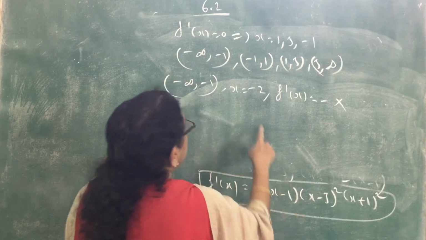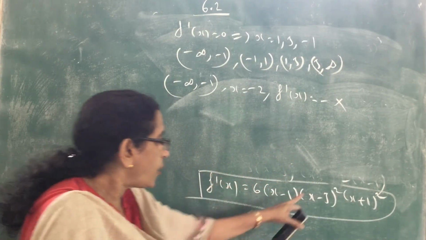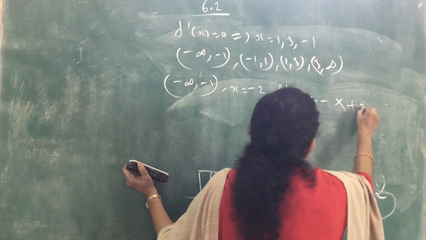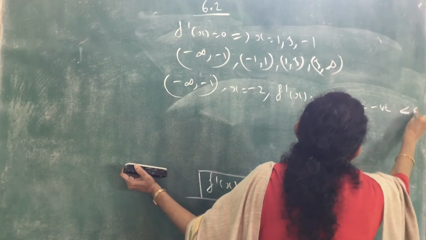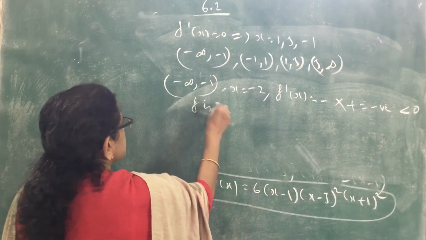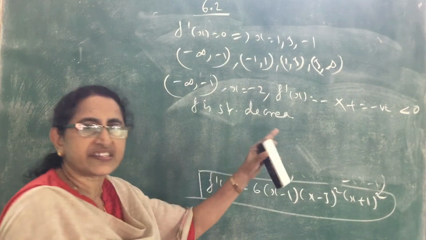Negative into, here both these terms will be squares, so that will be positive anyway. So only negative into positive, that is negative. Negative means f'(x) is less than 0. So f is strictly decreasing, because it is less than 0.